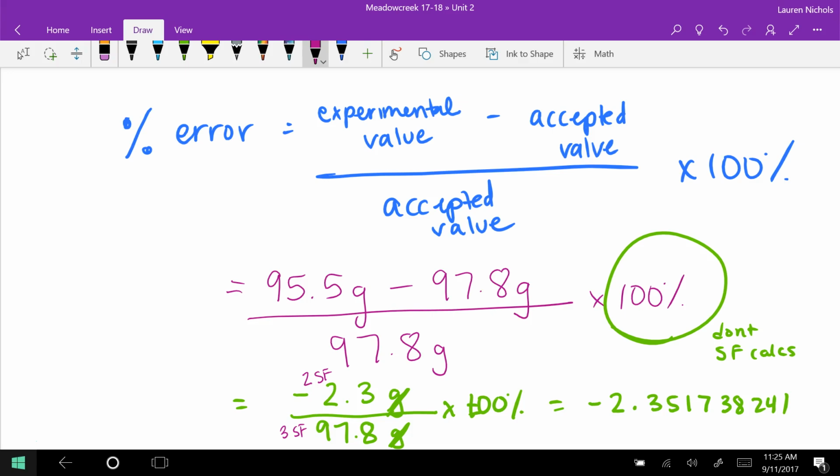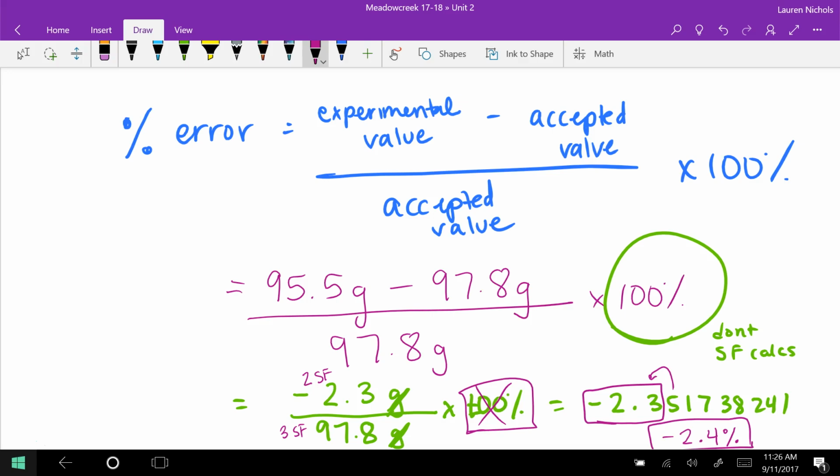So our answer should only have 2 because, again, we don't use 100% in our significant figure calculations. So 2 significant figures would be 2.3. The 5 would make our 3 round up, so our answer should be negative 2.4%.